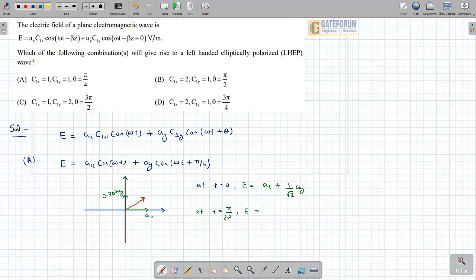That is also the case. If you put omega t equal to pi by 4, this will become Ax cos pi by 4, which is Ax by root 2. And this will become cos (pi by 4 plus pi by 4), that is cos pi by 2, which is 0, so 0 times A1. So the resultant has moved from here to here.